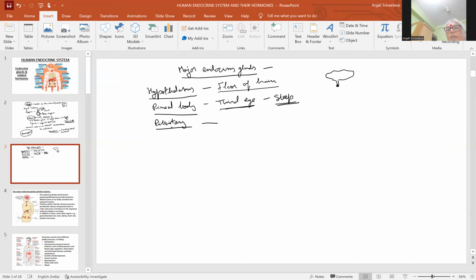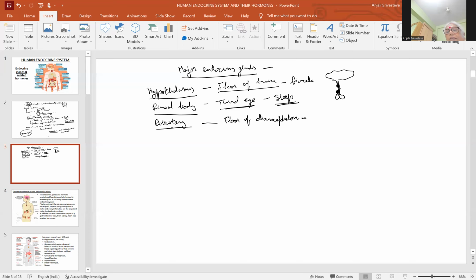Here is the pineal body, and very closely related to it is the pituitary gland consisting of two lobes, again at the floor of the encephalon, the brain. The cavity into which the hypothalamus is situated is called the diocoel, and where the diocoel ends there is the pineal body, and on the other hand it is the anterior pituitary gland.